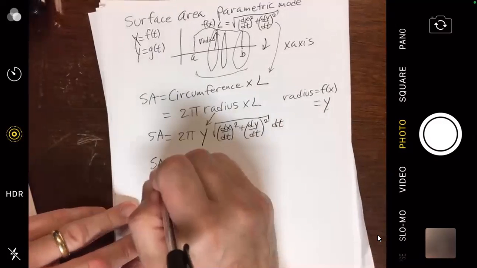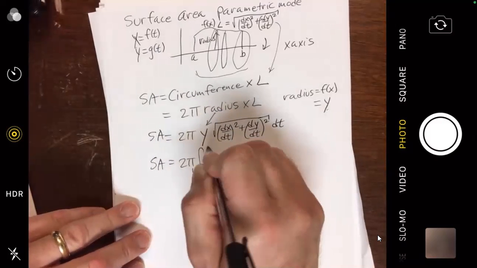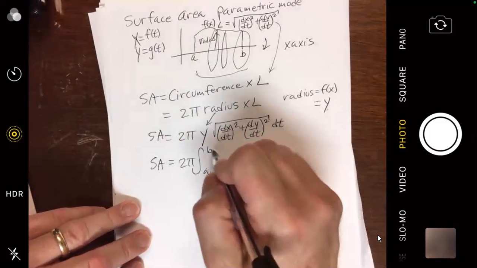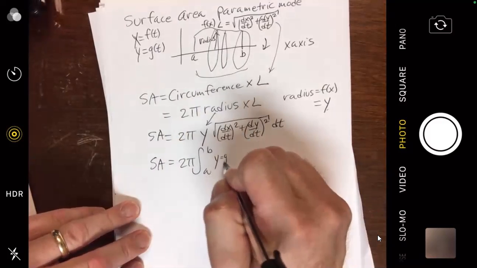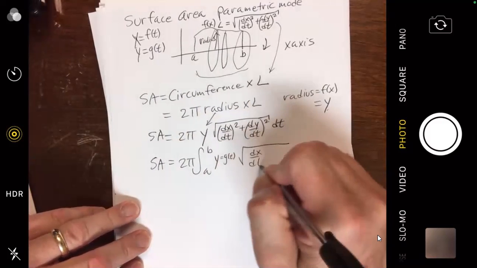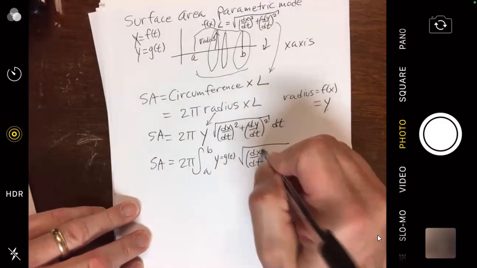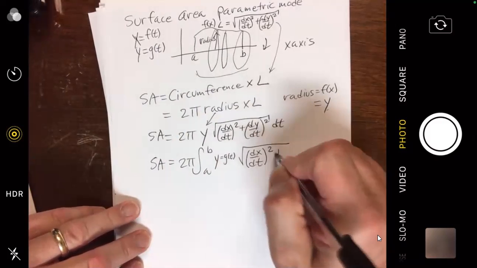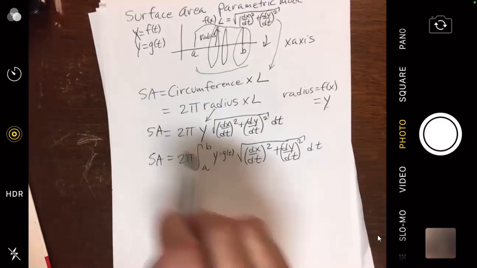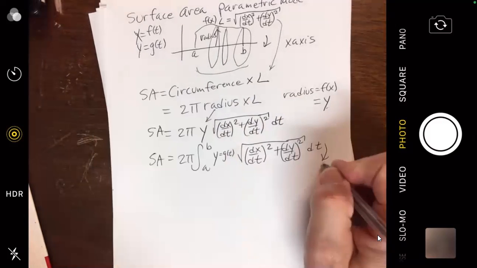So surface area then equals 2 pi integral from A to B times the y, that'd be the g of t, big square root dx dt squared, a little more complicated formula, plus dy dt squared. You got the arc length piece in here, but it's multiplied by this radius term, which is the direct y equation. This is around the x-axis.